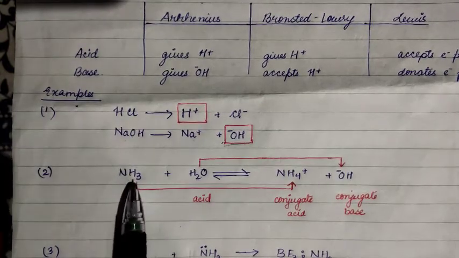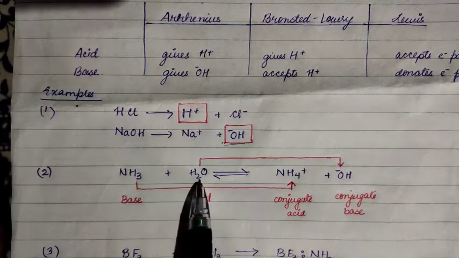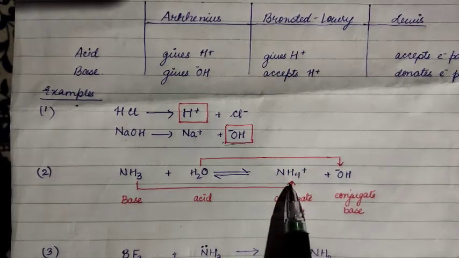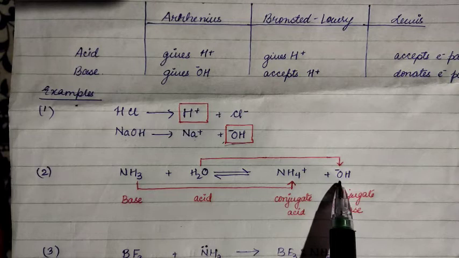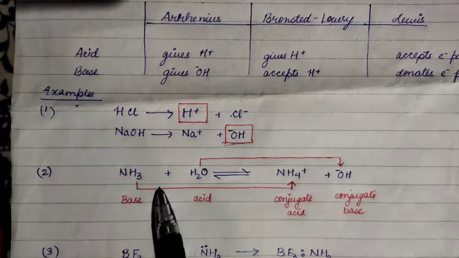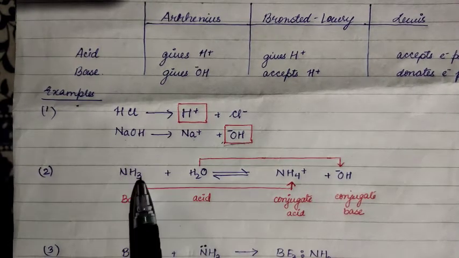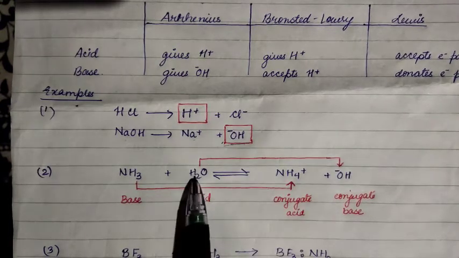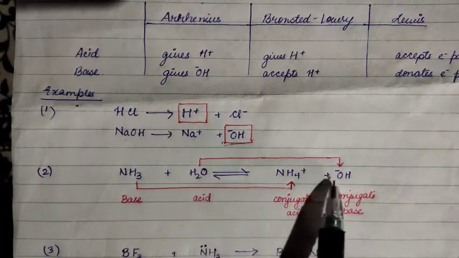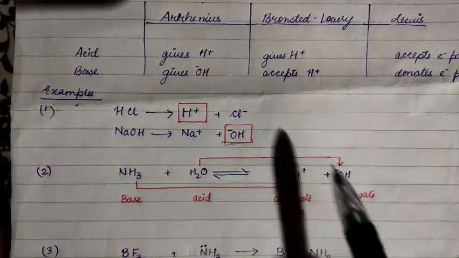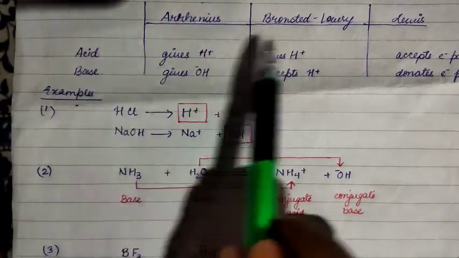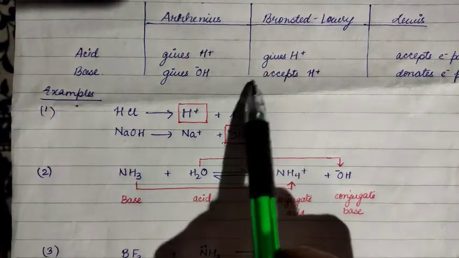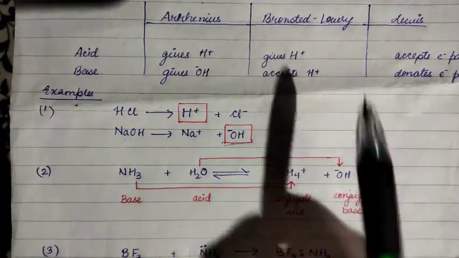When ammonia is reacted with water, it will form ammonium ion and hydroxyl ion. Okay, now you see that ammonia is forming the ammonium ion and H2O, that is water, is forming the hydroxyl ion. The definition of acid according to Bronsted is that it releases the H positive.